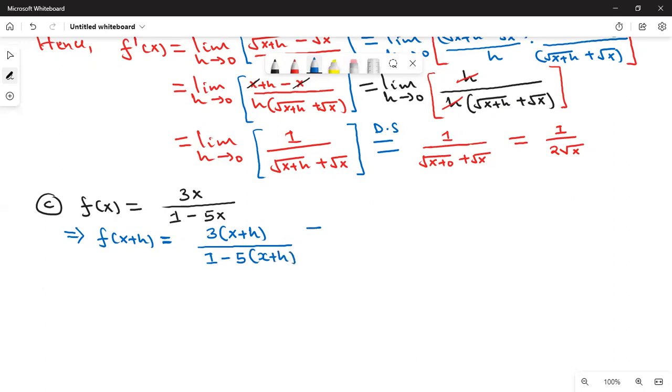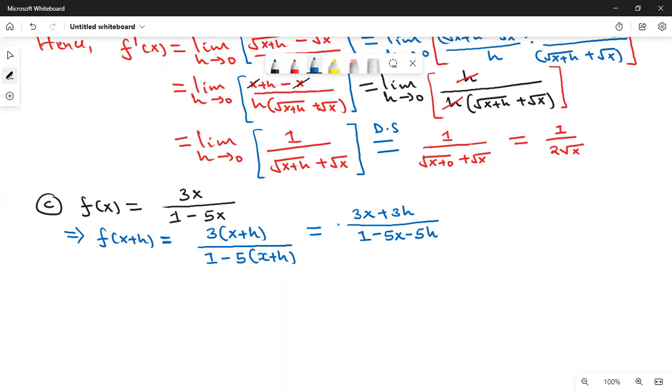I can open the bracket in the numerator. You see this is the same as 3x plus 3h, over denominator we will have 1 minus 5x minus 5h. That's what we have.